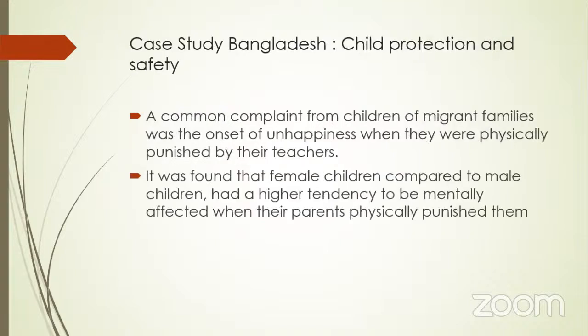Child protection and safety: common complaint from children of migrant families, onset of unhappiness when they are physically punished by teachers. Female children compared to male children had high tendency to be mentally affected when physically abused. In fact, in my PhD, when I was talking to these children in Haryana, a lot of girls were dropping out because they were getting physically punished in the schools.